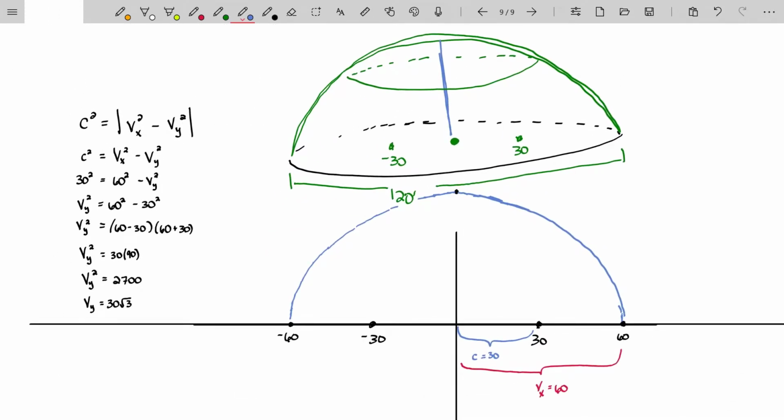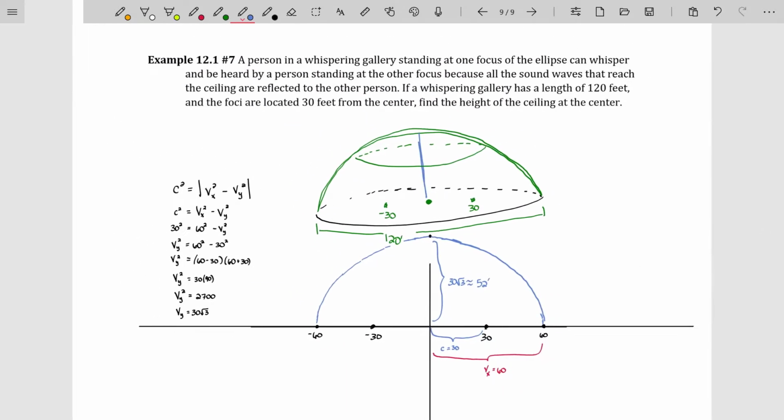The height of the ceiling from the center is 30 root 3 feet, which is approximately 52 feet, rounded to the nearest foot. Really nice problem, and we are done with this video.